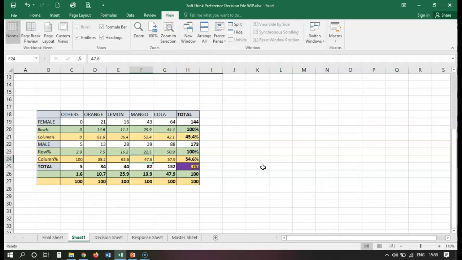But out of these, 61.8% are female. Out of 25.9% of people who say that they love lemon, only 36.4% are female, but 63.6% are male.